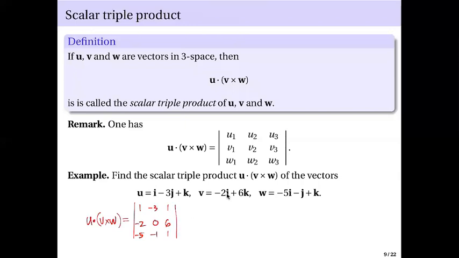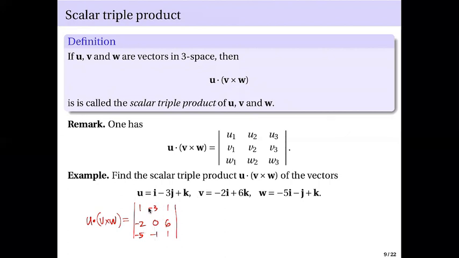So it's the determinant of a 3 by 3 matrix, and you can do this in a way you know. You can use our shortcut: you augment 2 columns here and then slide. Going down, you multiply the entries and add them, and going up, you multiply the entries and subtract. So you can use that.